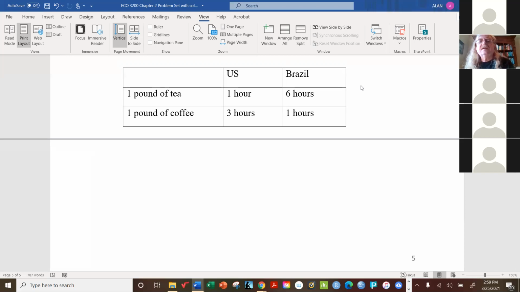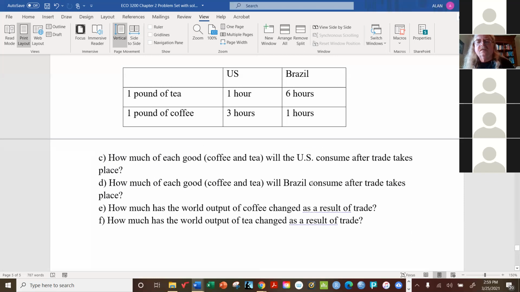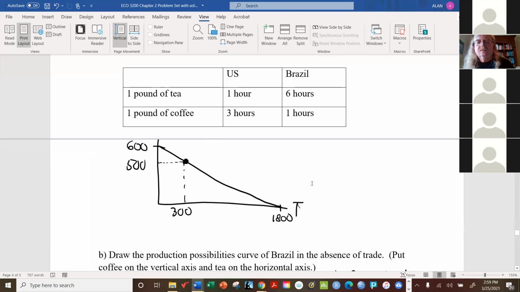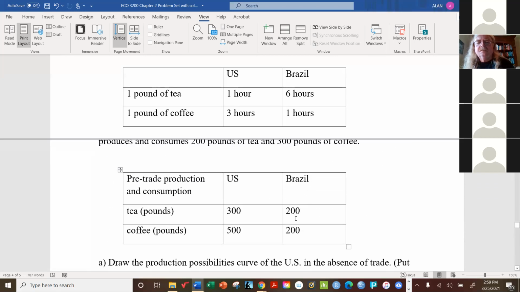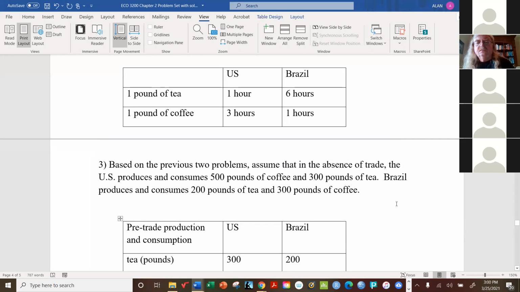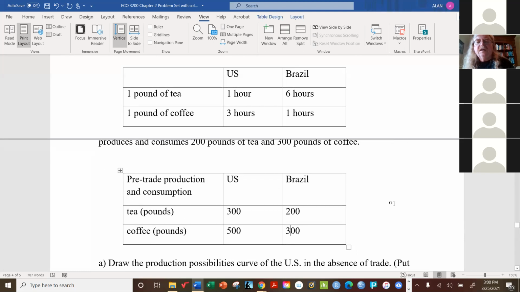So they could actually make 200 pounds of tea and 300 pounds of coffee. Okay, let's try that one. Oh, no, that is what it said.